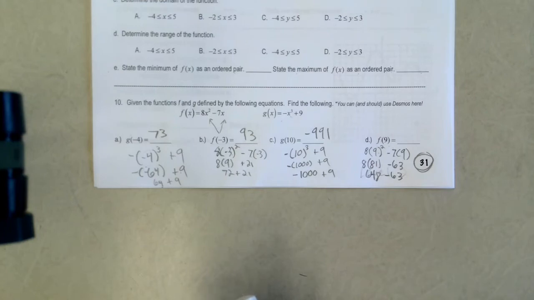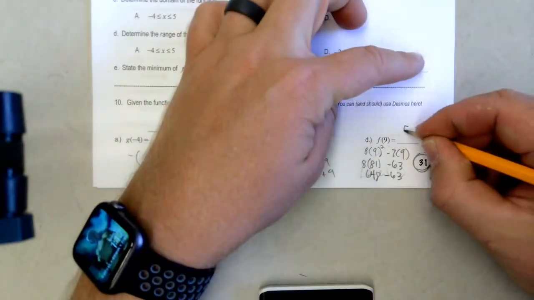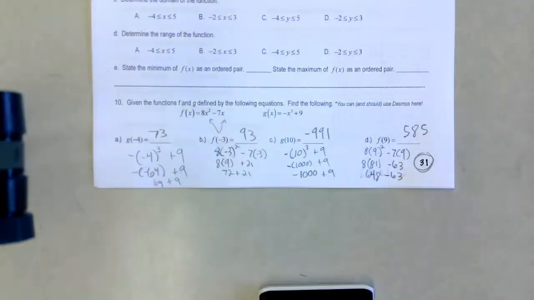I can try to mental math it, but for sake of time, our answer of 648 minus 63 is 585.